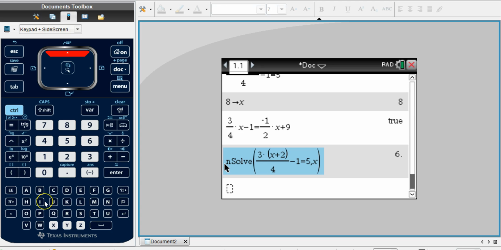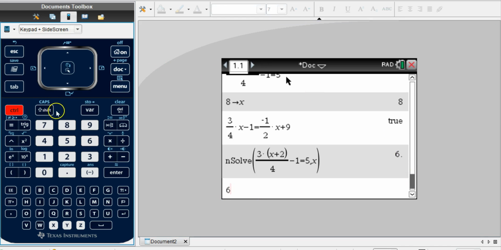Now in middle school, did your math teachers have you do solve and check? In middle school, you had to do solve and check, right? So what do you think the answer is? 6. What if I want to do 6 store x?